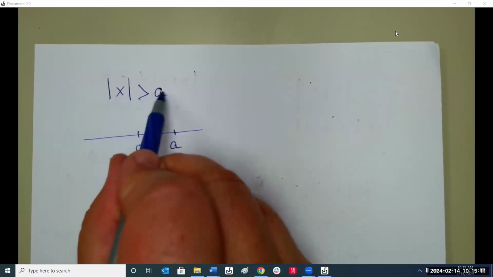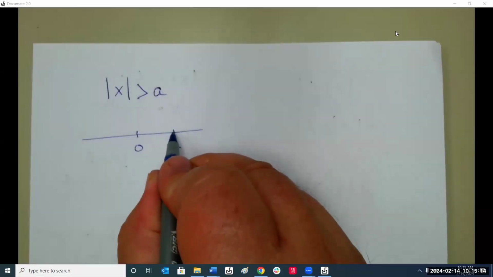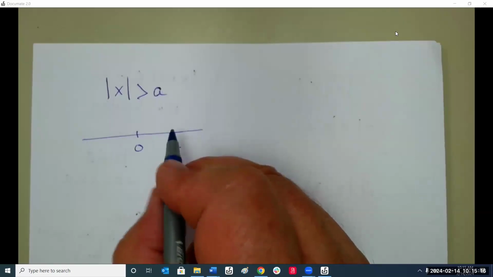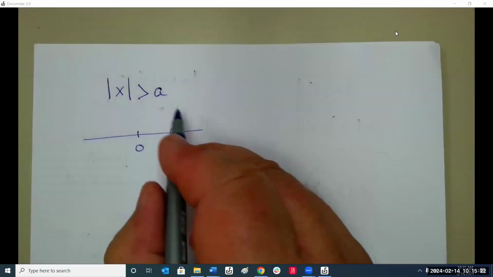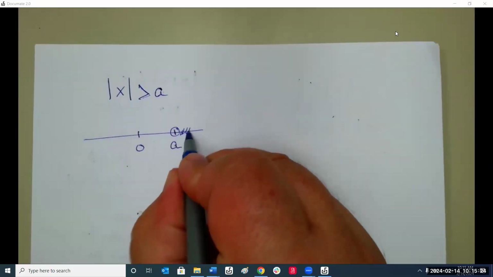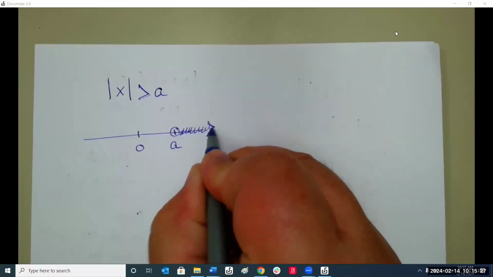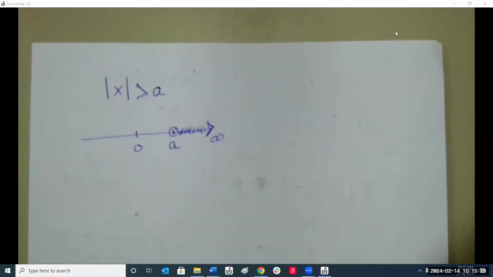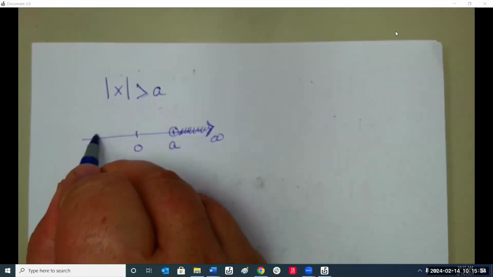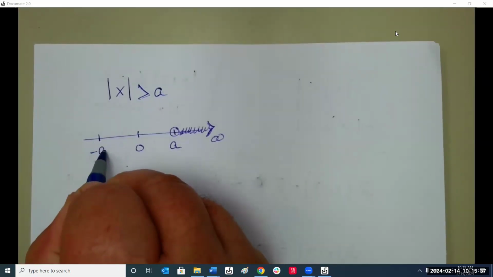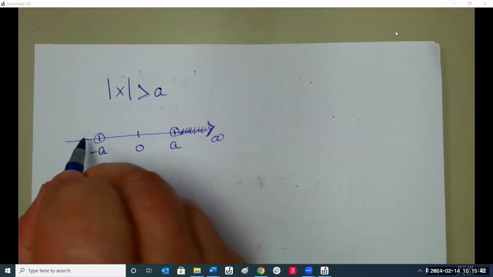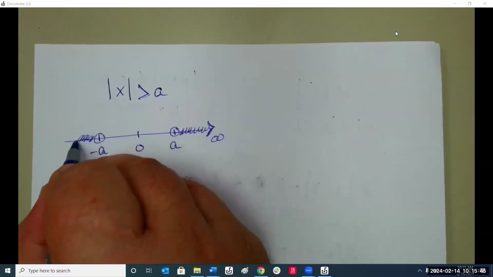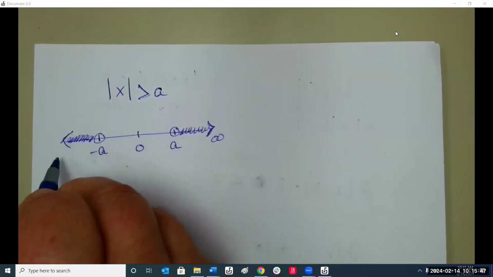So what does x greater than a mean? Is it open or closed circle? In this case, it's open. Which direction does the arrow go? It goes to the right. So this one goes to infinity. That's the positive side. Now we have to look at the negative side. So it's going away from zero. So this one is going to negative infinity.